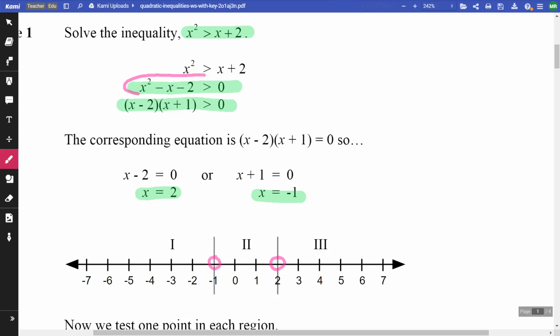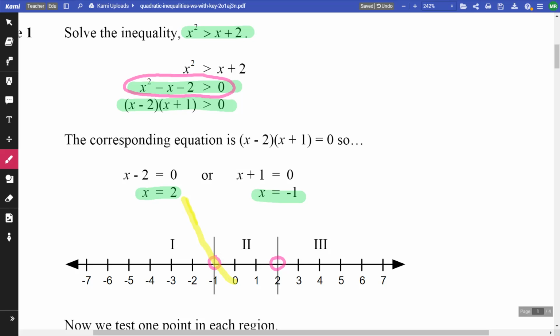This is a parabola, and I want to know where it's greater than 0, which basically means where it's above the x-axis. So the -1 and 2 would be on the x-axis. This is a positive, or open up, parabola. Let me draw it a little thicker. This is above 0, and here I'm at 0, and I don't want it to be at 0.